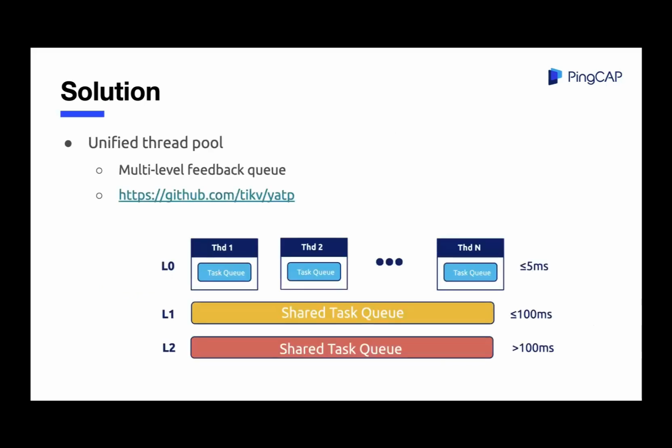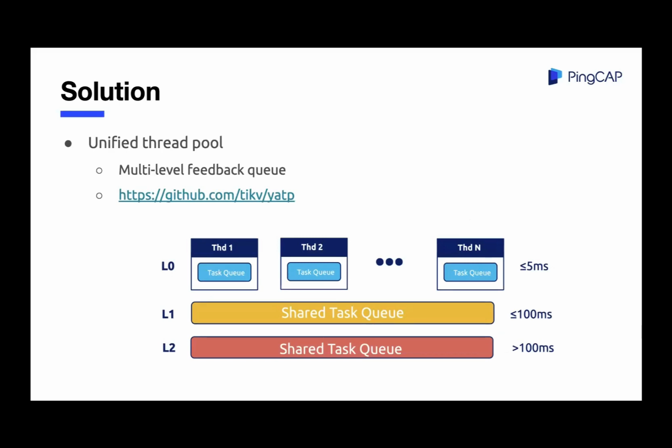And for the second problem, long-running tasks blocking short tasks, we built a multi-level feedback queue. The queue will have multiple levels. At first, all the jobs are pushed to level 0. If a job takes too much time, we will pause it and put it back in the queue at level 1.